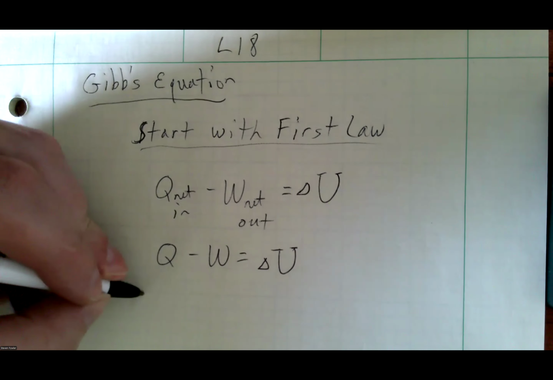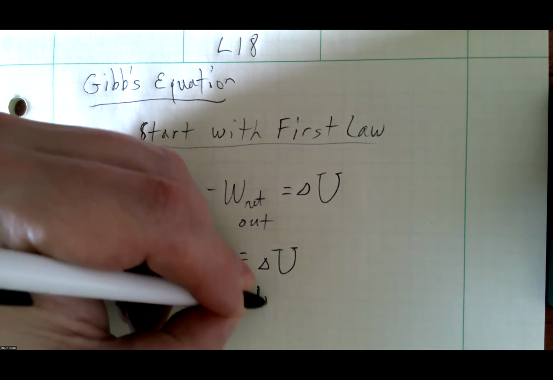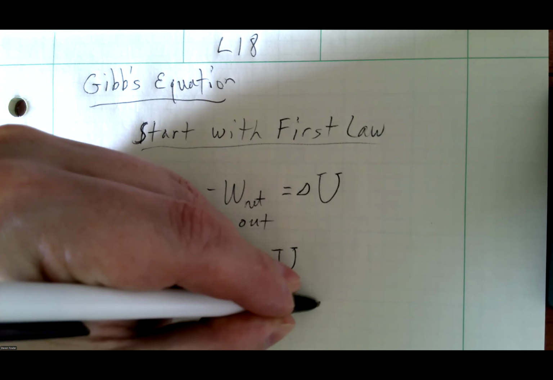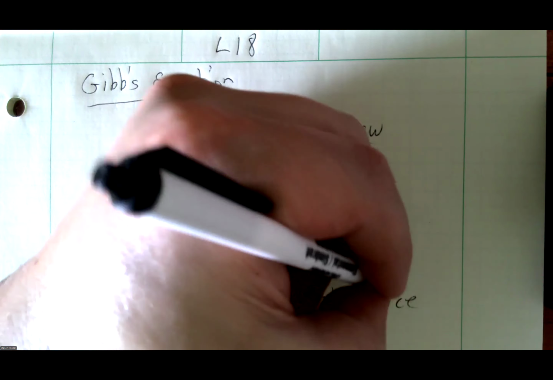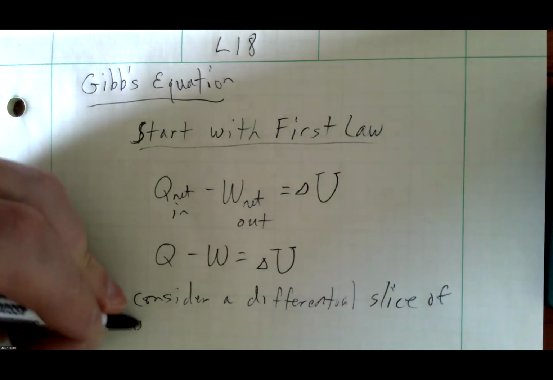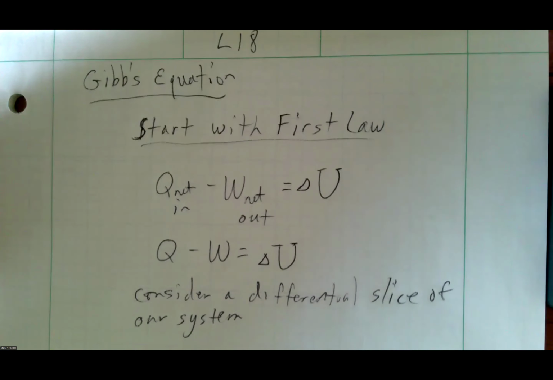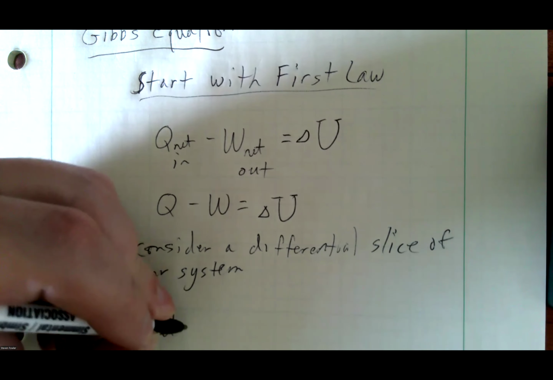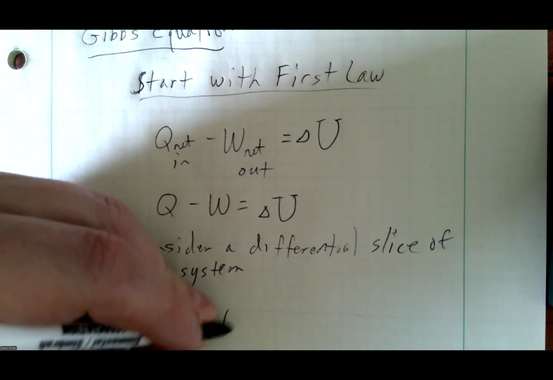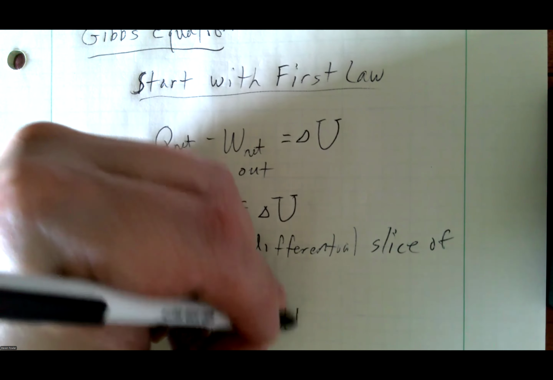Now, if we consider a differential slice of our system, well, we talked before about heat and work being maybe dependent on more than one variable.